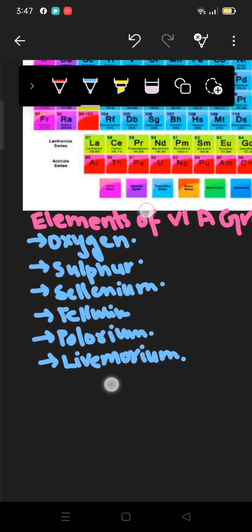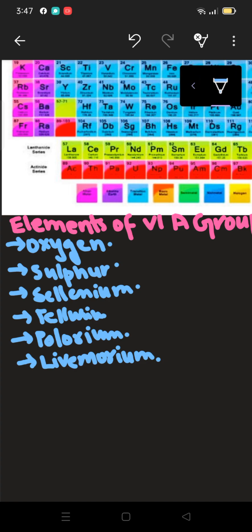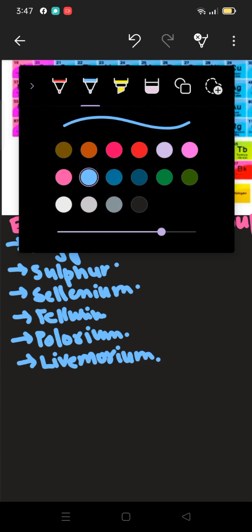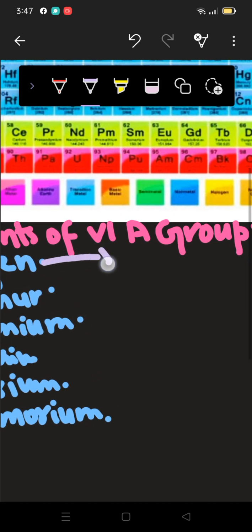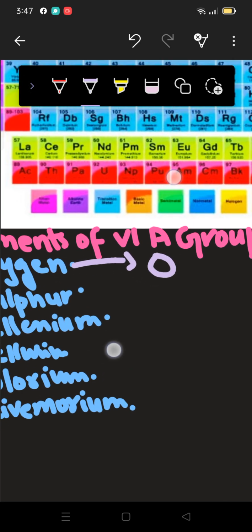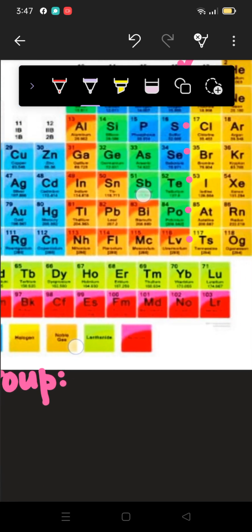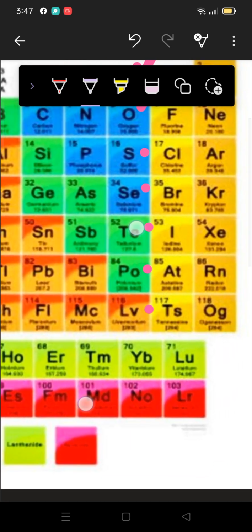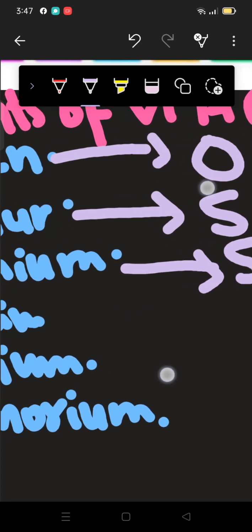Alright, so let's talk about their representations, I'm talking about their symbols. So oxygen is always represented with capital O. Sulfur has the symbol capital S, and selenium has the symbol capital S and small e.